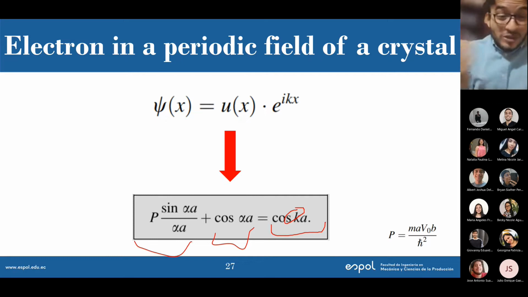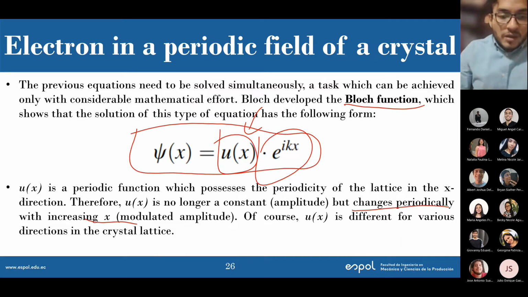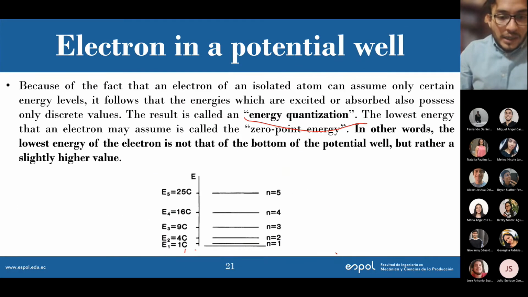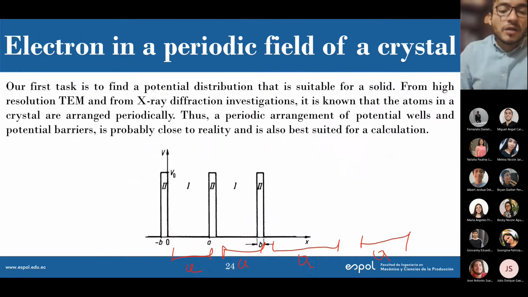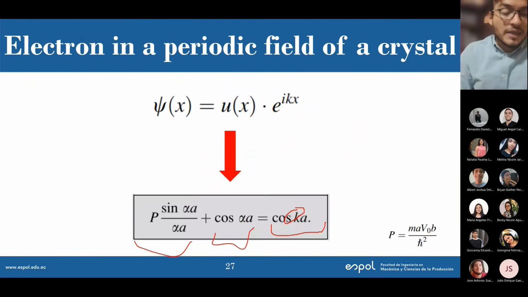If we try to get easily a restriction as we did last time for the potential well case, it became so obvious when we got this. Oh, okay, so alpha must be an integer to satisfy this, right? That was what we got. So it was quite obvious. Here I guess it's not as easy to realize as in that case.